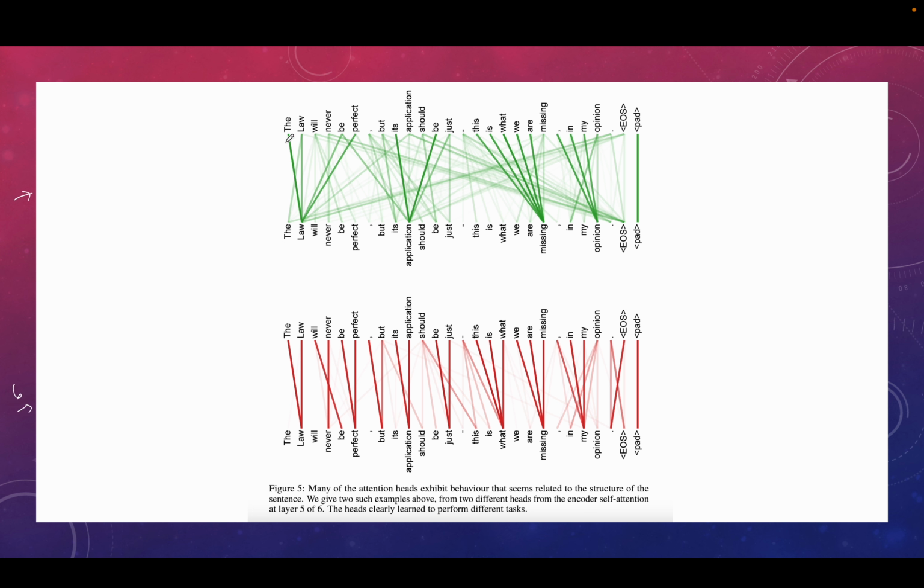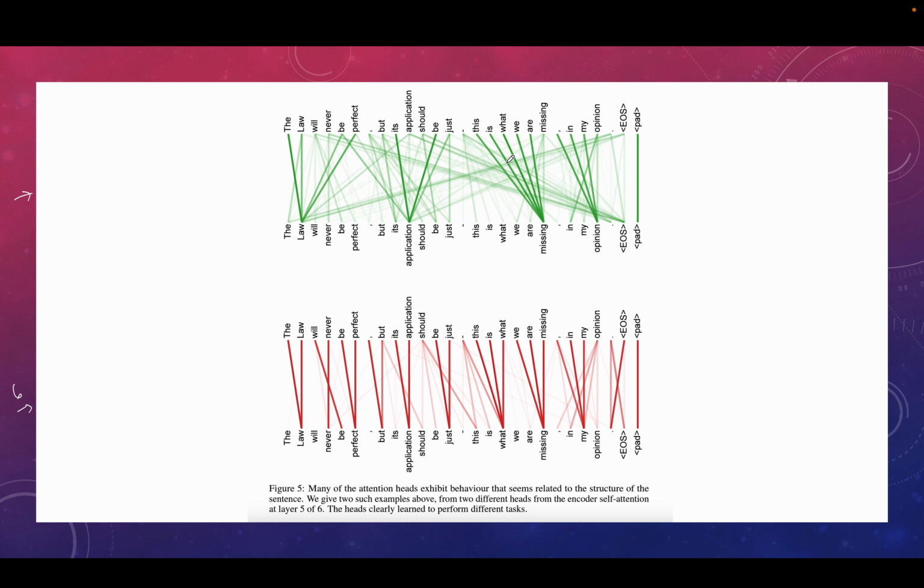If you see in attention block 5 the word law, the darker the lines are, the stronger the link. So you see that in attention head 5, the word law is strongly related to the law, and here B perfect, these 4, and very little related to these other terms.